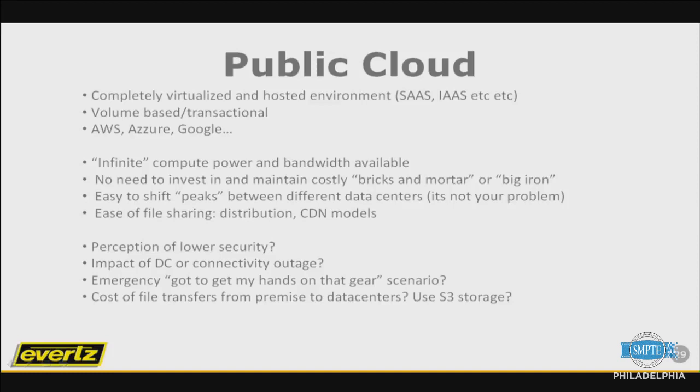In addition, the public cloud offers worldwide access. You can replicate content from one region to the other, and there's storage capacity available for you without you having to create infrastructure in a part of the world that you may not be currently working in.